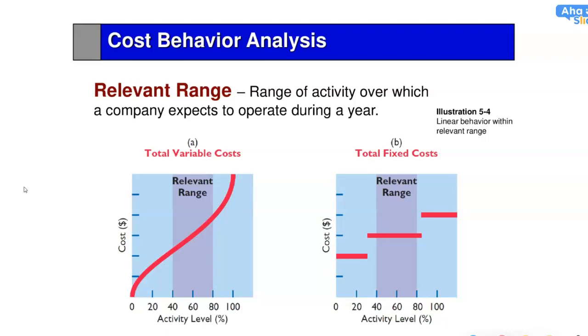Sometime in the past in this company, they might have been a small company, and originally the relevant range would be the lower one, 0 to 30. You know what I'm getting at? That would be the relevant range at that time. But then there came a point where they had to increase production rather dramatically, and they moved up the cost, they added capacity. And now the relevant range of activity, that's the range that the company will operate in.